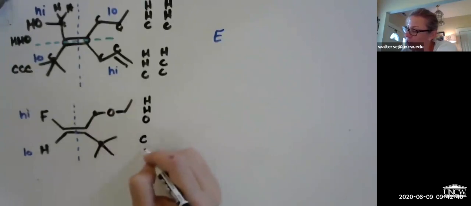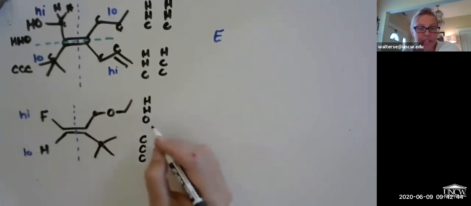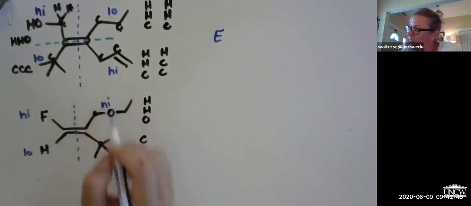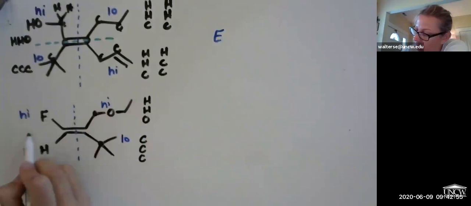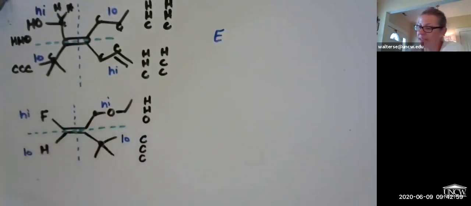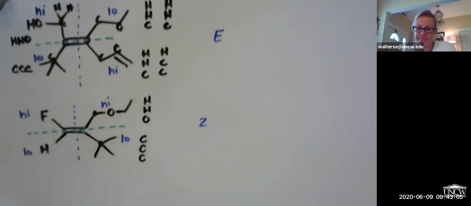This carbon in the tertiary butyl group has 3 carbons. Oxygen is higher than carbon. High, low. Make your crosshairs. These are on the same side of the green line, high and high. This one is Z.